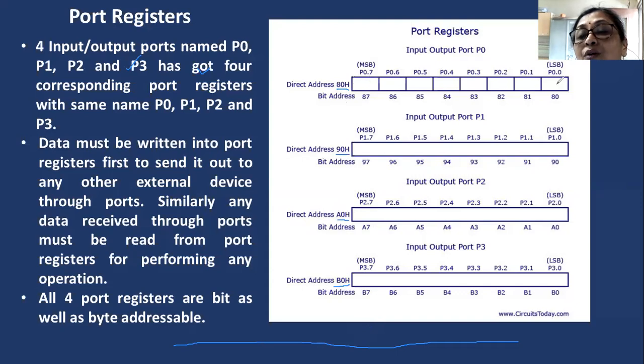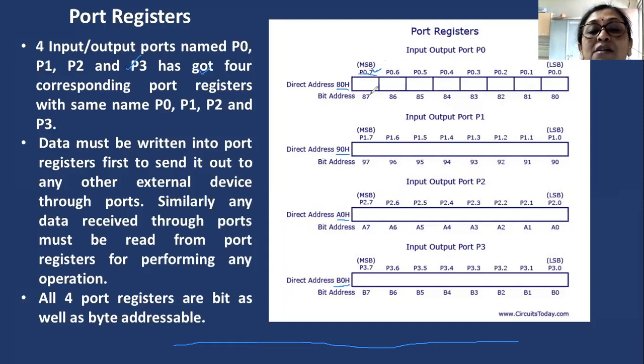Now here you can observe the various bits of the port register. As all of you know, the ports are byte addressable as well as bit addressable, and therefore the port registers are bit addressable as well as byte addressable. Whenever they are bit addressable, you have to mention the bit of the port. How should the bit of the port be mentioned?